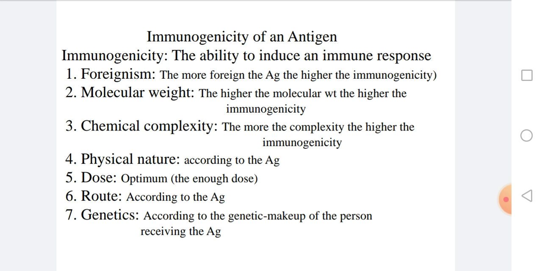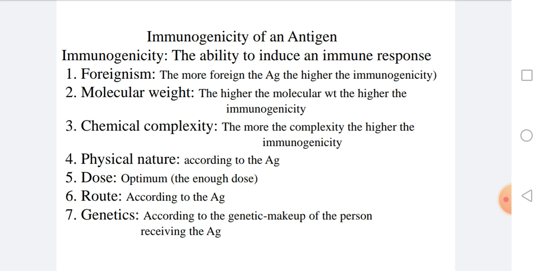So one antigen in a solid state may give high immunogenicity, another one in fluid state may give high immunogenicity. Five, dose: how much of the antigen is given to give high immunogenicity? It is the optimum dose. The optimum dose is the enough dose, not more or less, just enough.